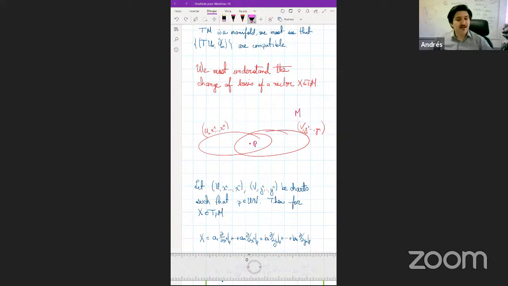But let's see what is the relation between the a's and the b's. I will not show it here, I will tell you what it is, but we are just finding the matrix of change of bases. That's basically what we're doing, right?